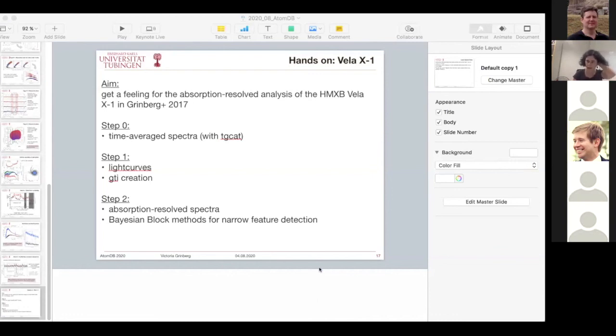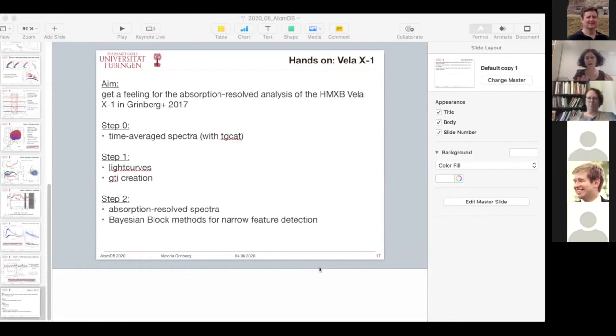It really depends on which orbital phase you're looking at. In that case, where we're looking at right now, this is a problem. This is also the reason why we did not go in and look into the details of photoionization models, for example, because we know that this is a system where both processes happen at the same time.